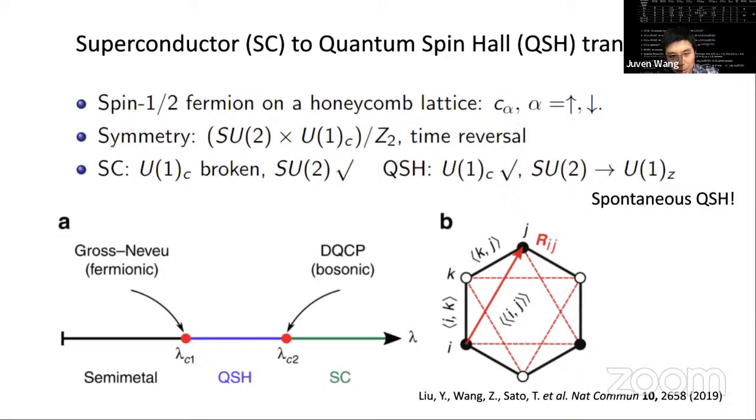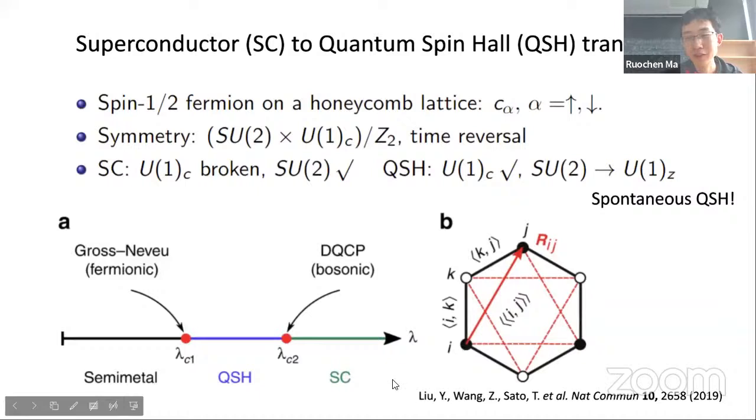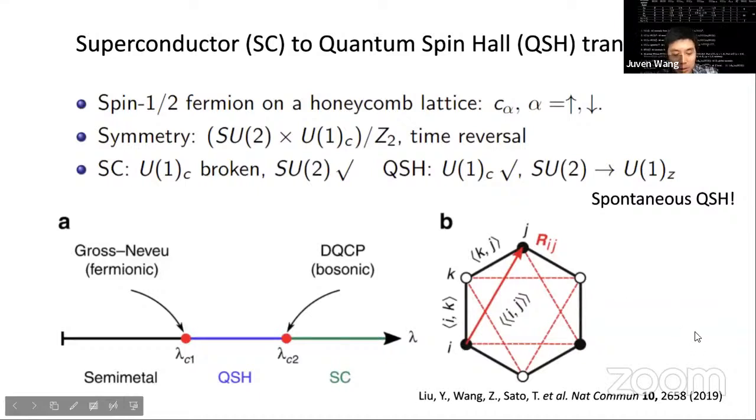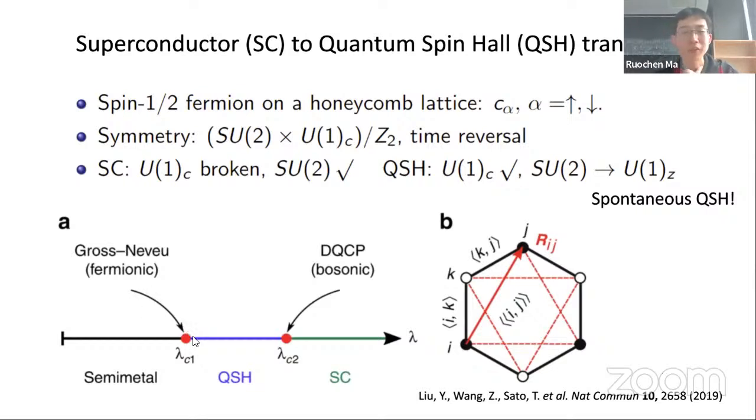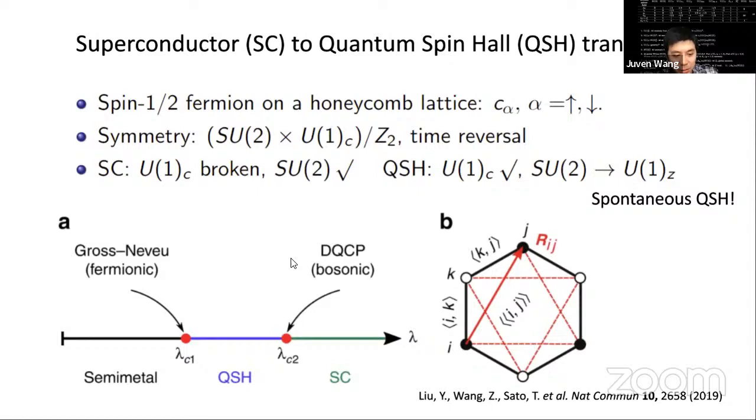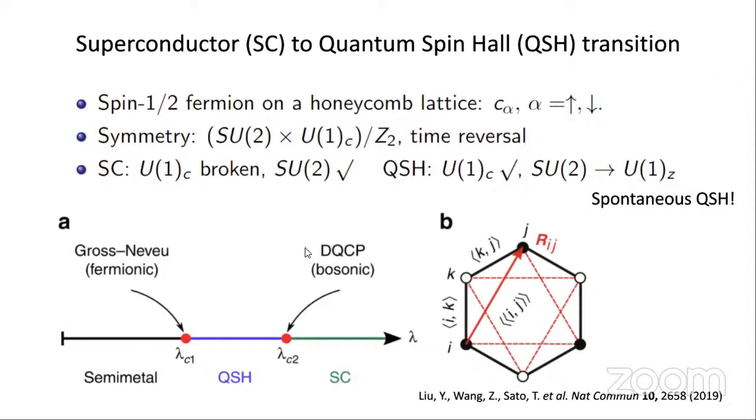So I suppose you pair in some way, but is that pairing? To be honest, I forgot the detail of that transition. You can check the detail of that phase transition in this reference. Yeah, no problem. Thanks. Sorry, I forgot the detail of this part of the transition. No worry. Thank you.